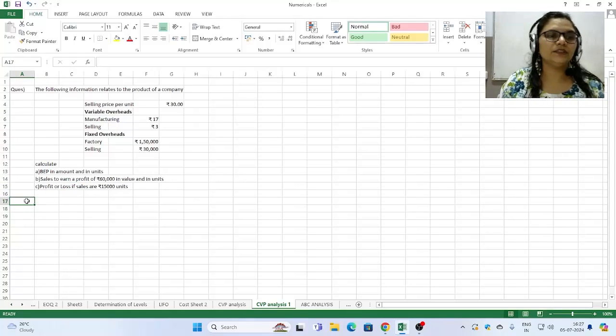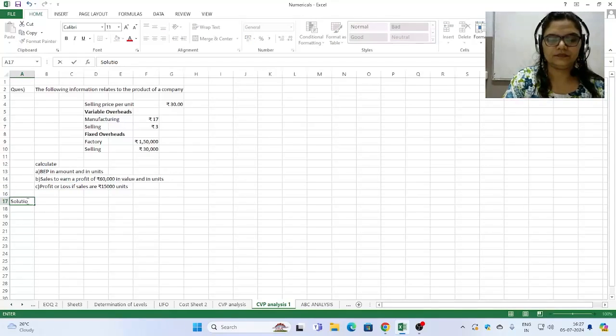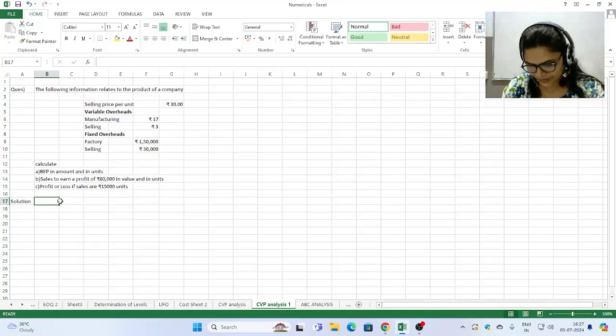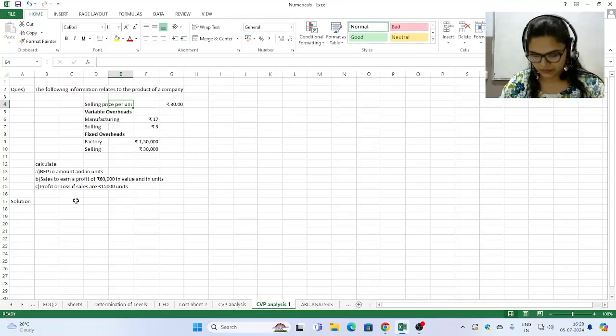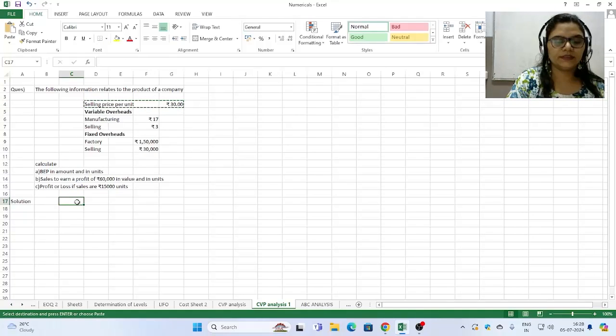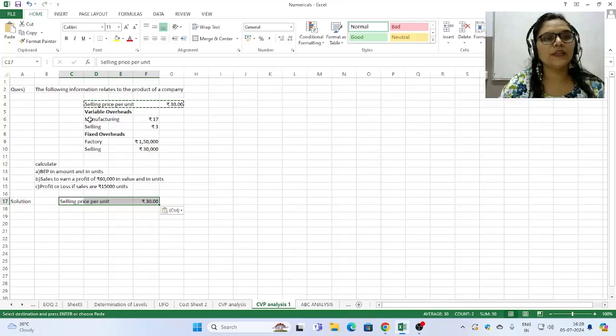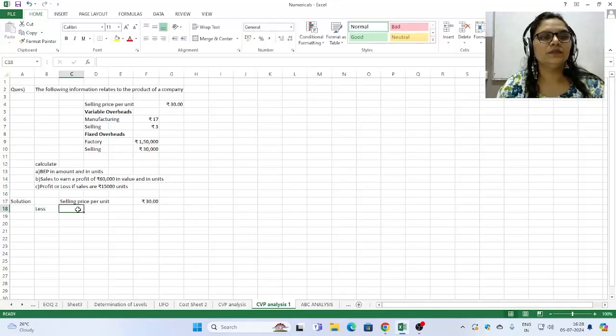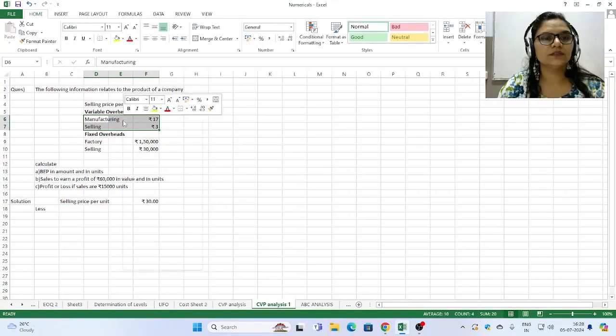Now let's start with the solution. First of all, without thinking anything, we need to calculate the contribution. We know that selling price is 30 per unit. We will deduct variable cost from this particular sales, obviously.